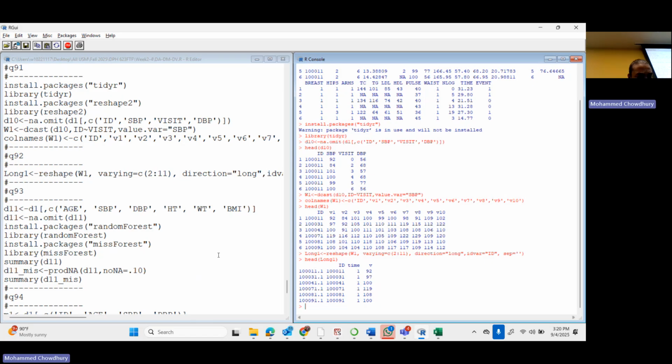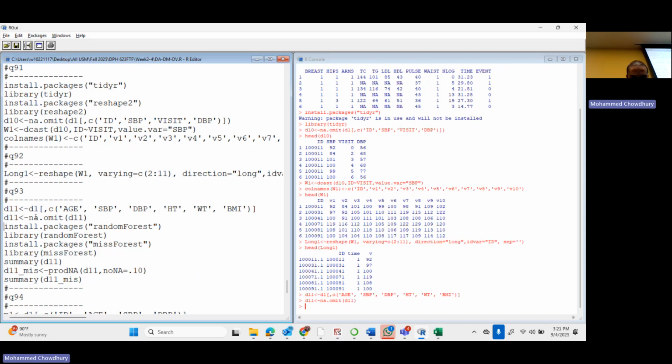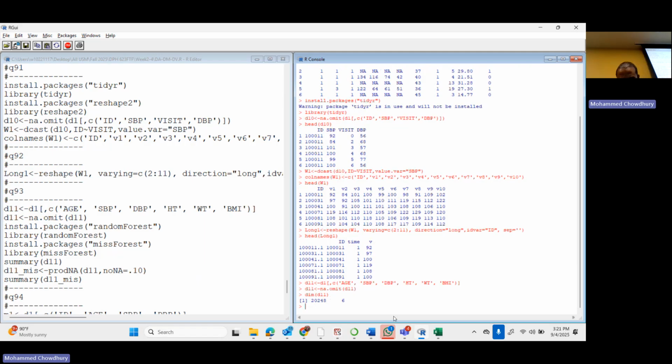And in this case, suppose you have a data, this is the data, and this data does not have any missing value. So now if you take a look at the dimension of D11, it does not have any missing values, okay? So in this data, let me tell you why these things come to my mind.